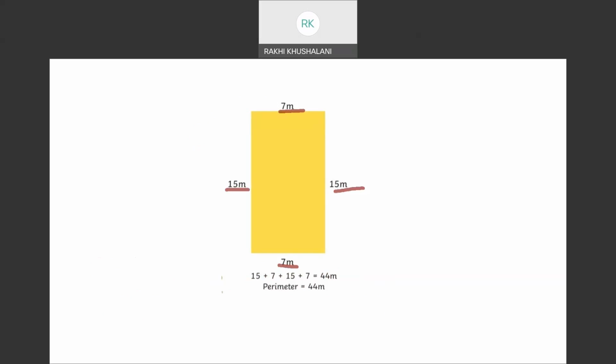So if I want to find out the perimeter of this yellow rectangle, I do 15 plus 7 plus 15 plus 7. And that gives me the perimeter, that is 44 meters. So the perimeter of the yellow rectangle given here is 44. We are not looking at the area at all.